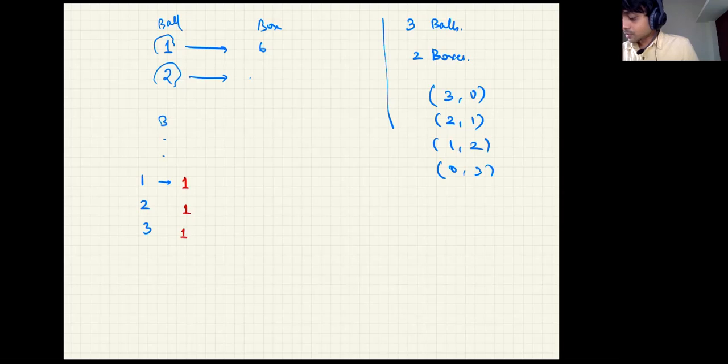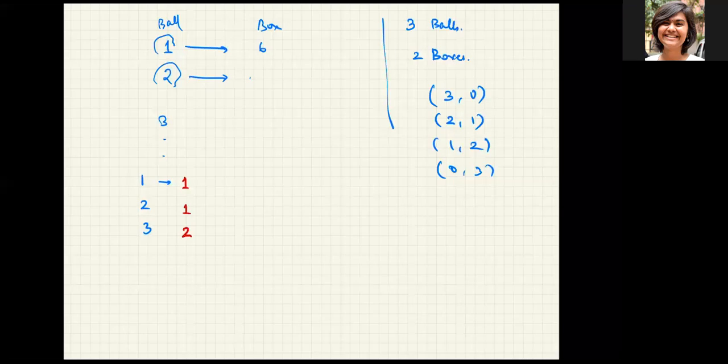Let me take a different thing. Yeah, I got it. For example, if the second box contains first and second, or the second box contains first and third, in my case it is having a different counting, but in the indistinguishable case it will not. Exactly, absolutely.